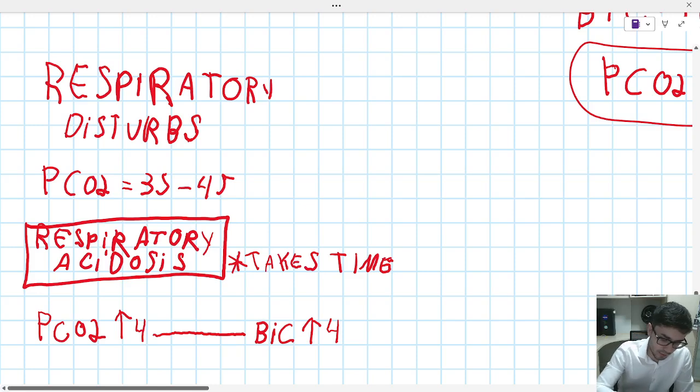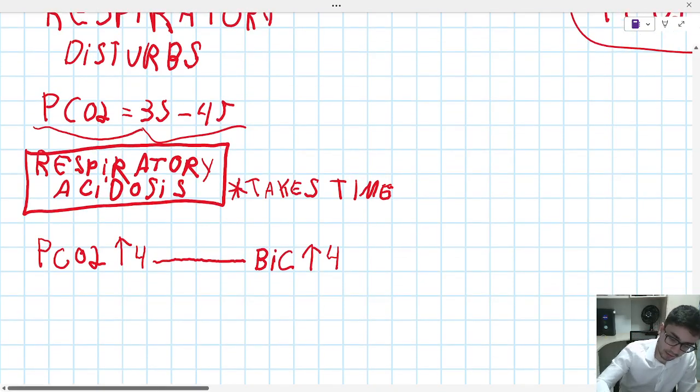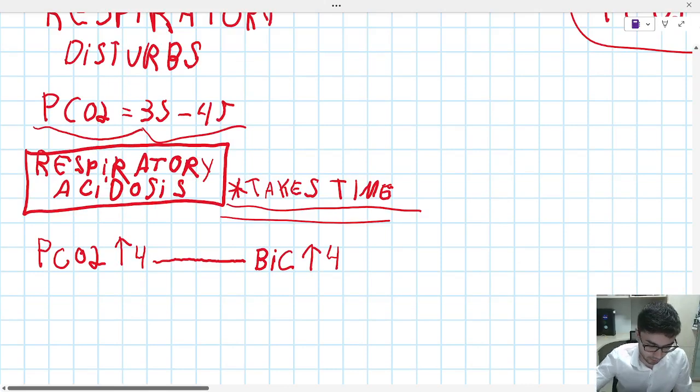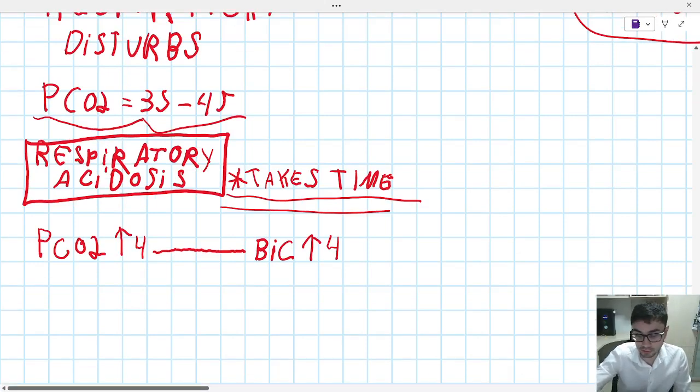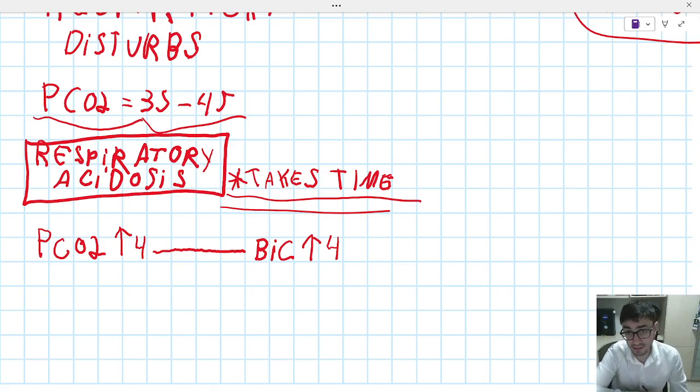Remember the normal value for PCO2: 35 to 45. Like I told you, it takes time for the kidneys to compensate a respiratory disturbance. A respiratory acidosis is actually the main disturbance, because I don't think there's a normal situation where you can find a respiratory alkalosis.